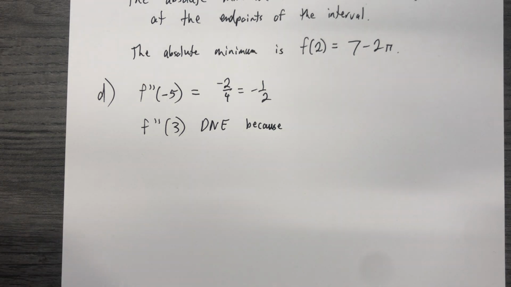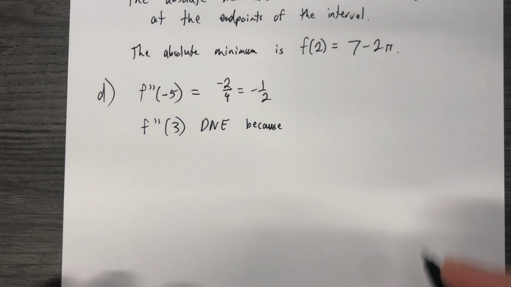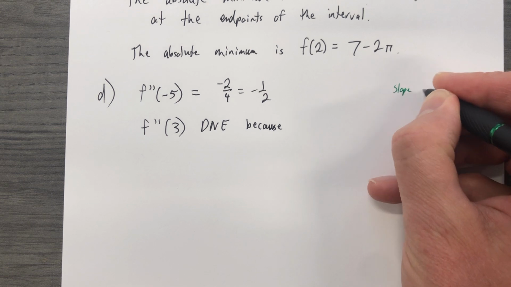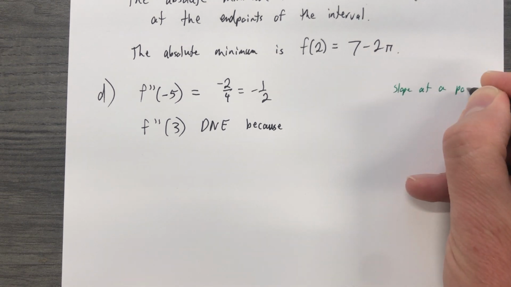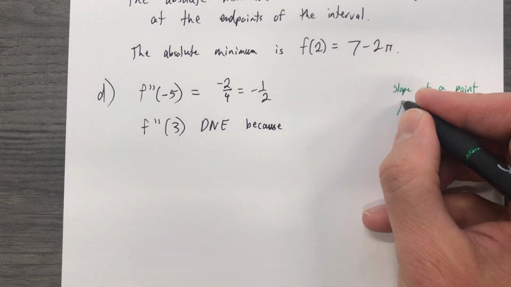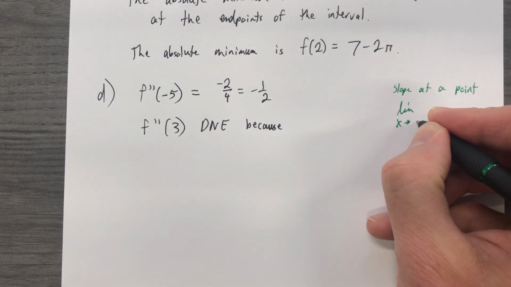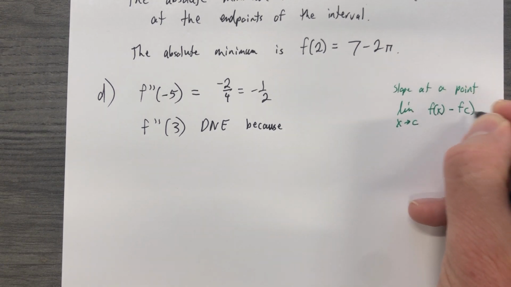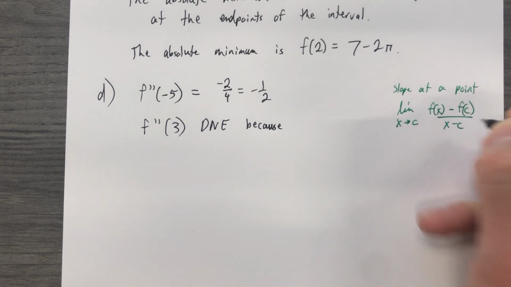So if you're looking at the time on this and you're saying, hey, you've gone over 15 minutes, I know, it's because I'm explaining little things like this. The slope at a point is the limit as x approaches c of f of x minus f of c over x minus c.